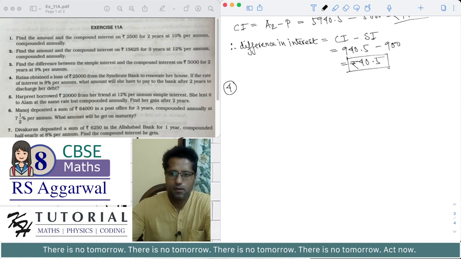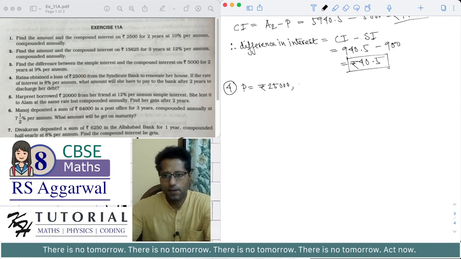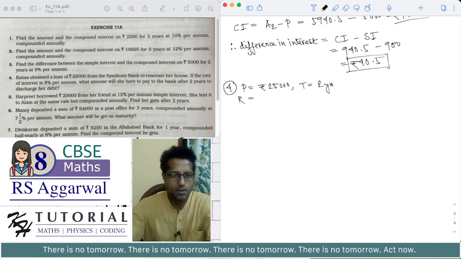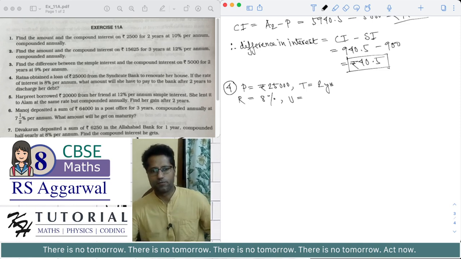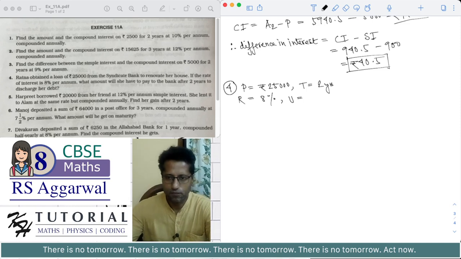So we have the original principal P is rupees 25,000. The time T is 2 years. The rate of interest R is given to be 8%, and U, since the unit of time is not given, by default is 12 months or 1 year.